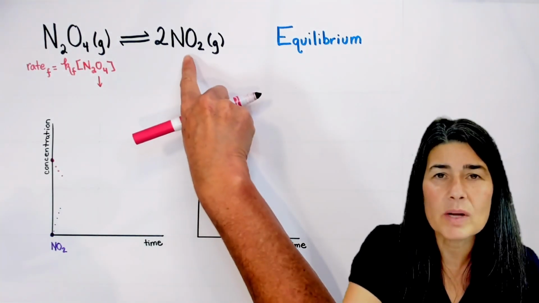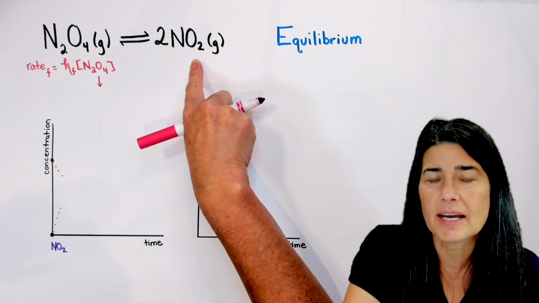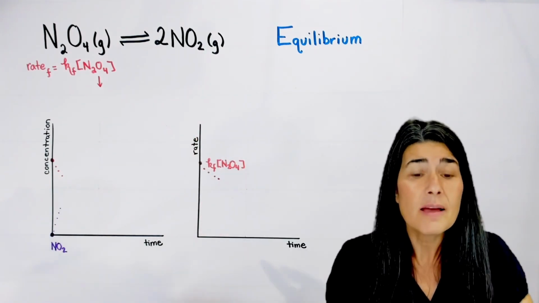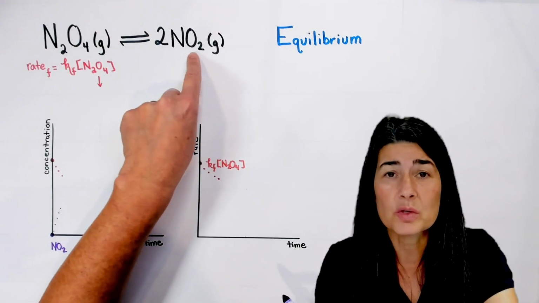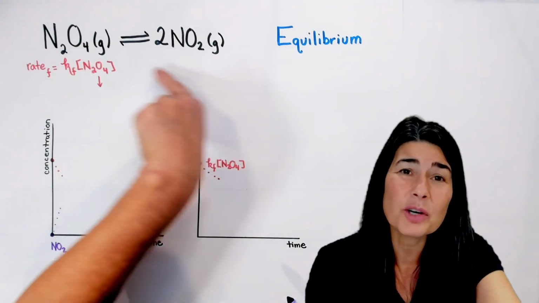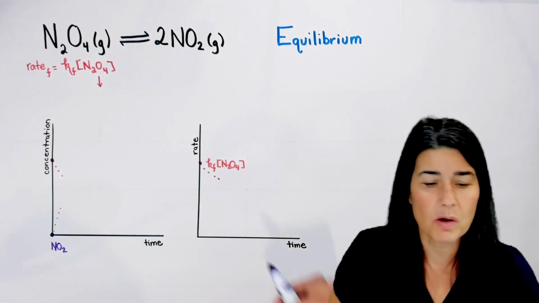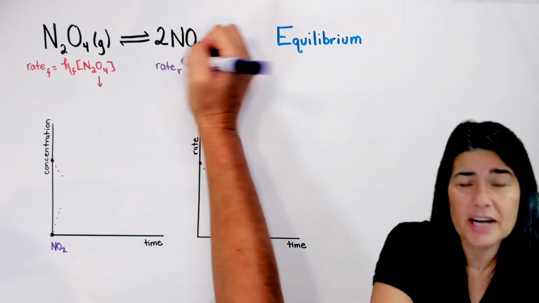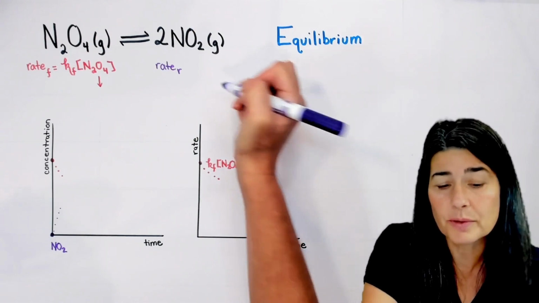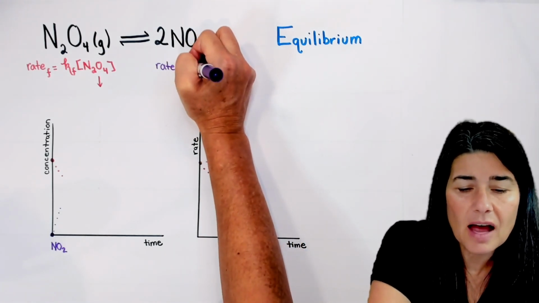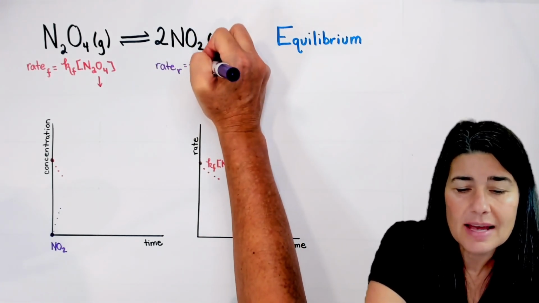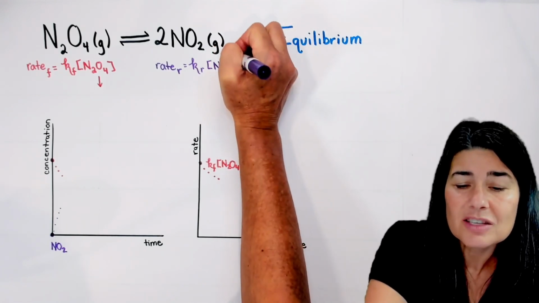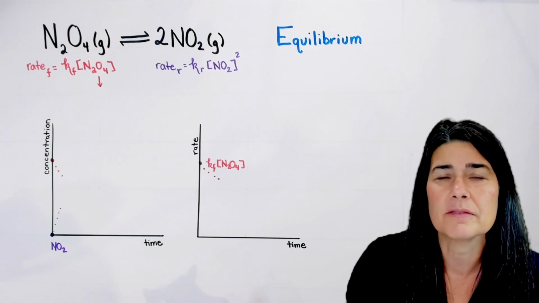Now let's look at what's happening over here at the nitrogen dioxide. We can also write a rate law based on two NO2s reacting and going in the reverse direction, producing N2O4. The rate in the reverse direction, I'll call it rate R, reverse, equals the rate constant K reverse times the concentration of our NO2 squared because we have a coefficient of 2.